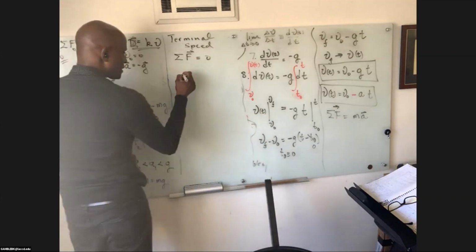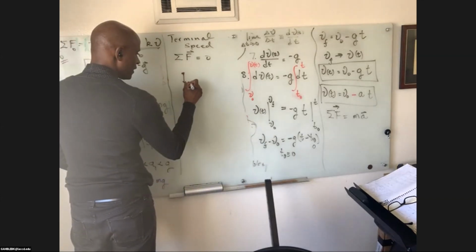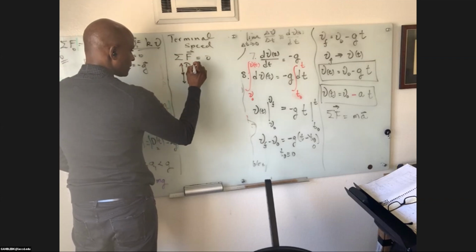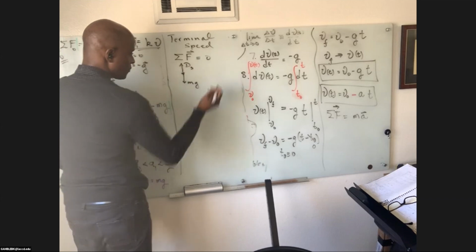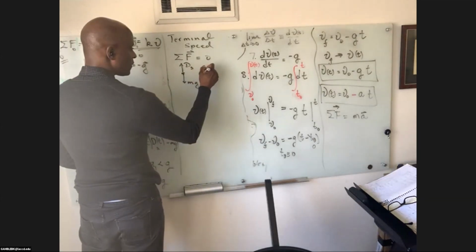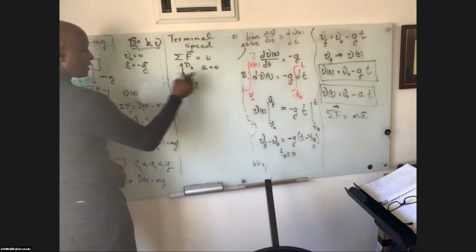And that's the situation, as I just wrote here, where the weight down equals the drag force up. The acceleration is 0. So the acceleration is going from the magnitude of g to 0.